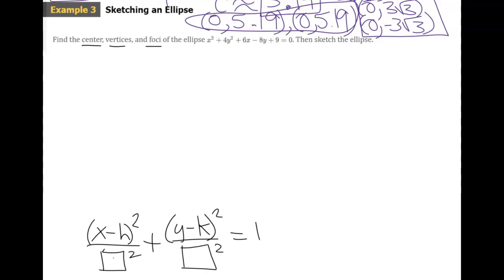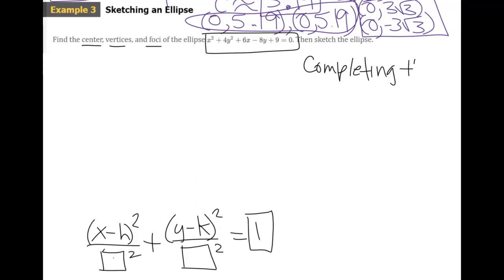So what we're going to do is take the equation, and we need to have a 1 on the right side. So we are going to rearrange our terms, and we're going to be completing the square, which is not easy. So we're going to write x squared plus 6x.